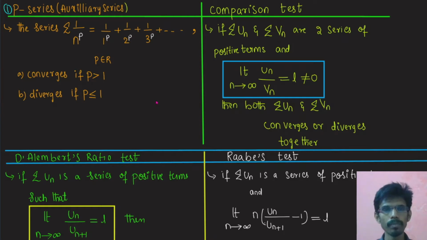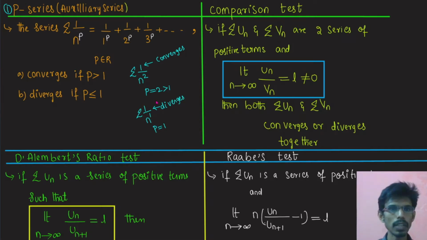For example, if I take the series sigma 1 by n square, here the value of P is 2, which is greater than 1, so we say that this series converges. Similarly, if I take a series like 1 by n power 1, this is a P series with P value as 1, and P equal to 1 means the given series diverges.